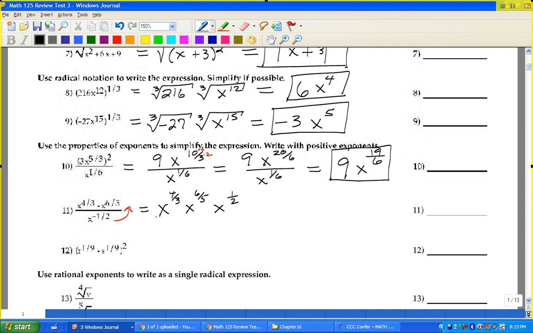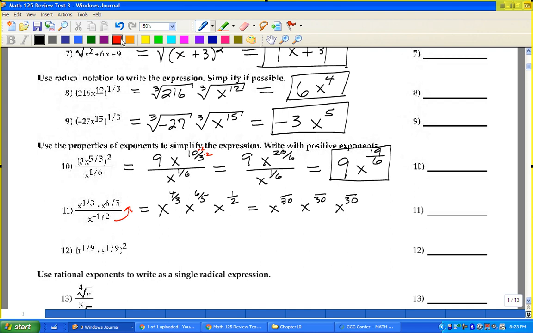Now, I have the same base and I'm multiplying, so you just add exponents. Well, I need a common denominator because they're all fractions. I have a 3, a 5, and a 2, and so the least common denominator is 30. So we have a whole bunch of x's to some power over 30.